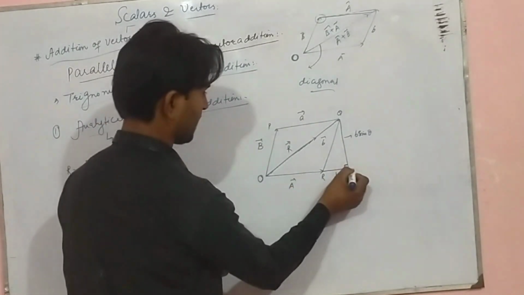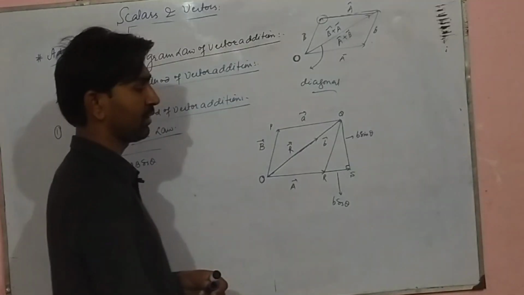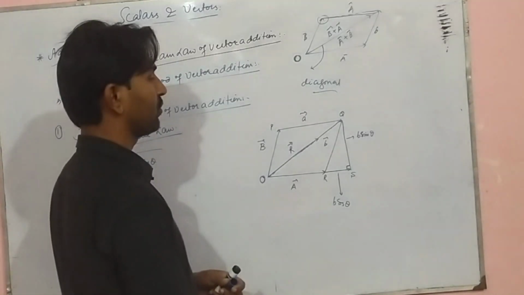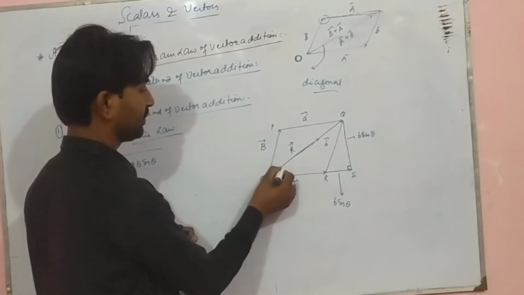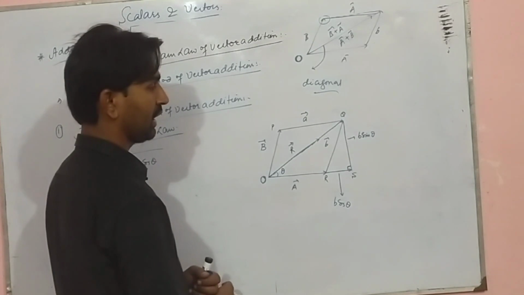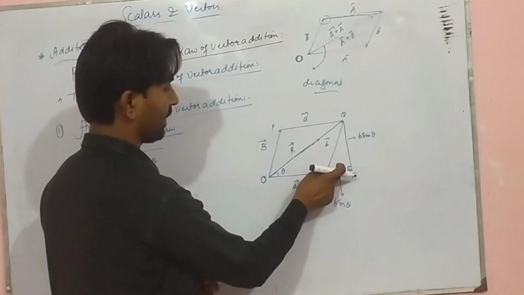Let this be R, this be S. So we have to calculate the resultant vector. This is angle theta. So this is angle 90.